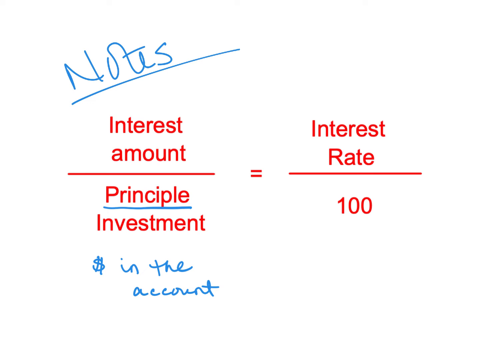It's just a big fancy way of saying a savings account. So the principal is how much you have in the account. Then we have the interest amount, that's the money part of this, and we have the interest rate, which is the percent part of it. And we're just talking simple interest. There is something called compound interest. We are not going to worry about that.